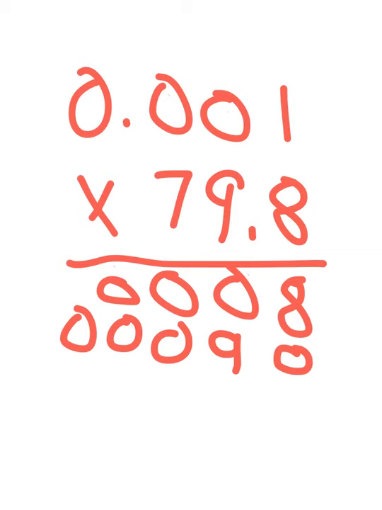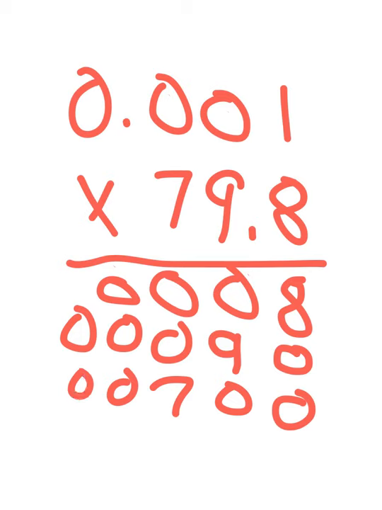In 79.8, 7 is in the tens place and 8 is in the tenths place. So we're going to have to put 2 zeros on here for our 7. So now we just do 7 times 1 is 7, and 7 times 0 is 0, three times.